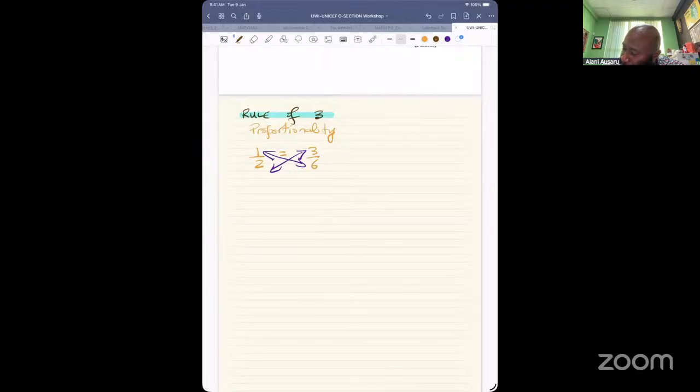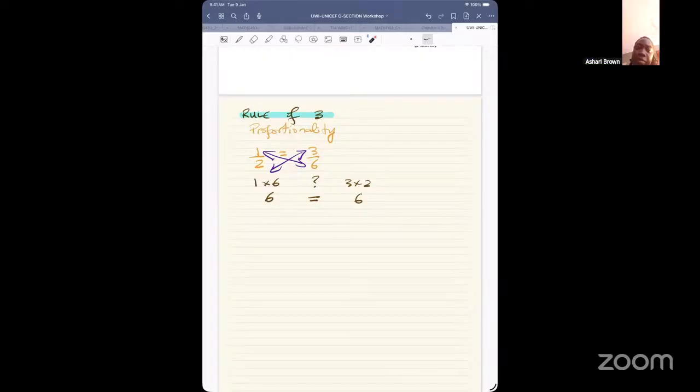So this is true because 1 times 6, and then I'm going to put question mark, 3 times 2. And so 1 times 6 is equal to 6, and 3 times 2 is equal to 6. And this question mark now becomes equal, because 6 is equal to 6. That's true, right? Because every number on the number line is unique. No two numbers are the same, right? Yes, sir.